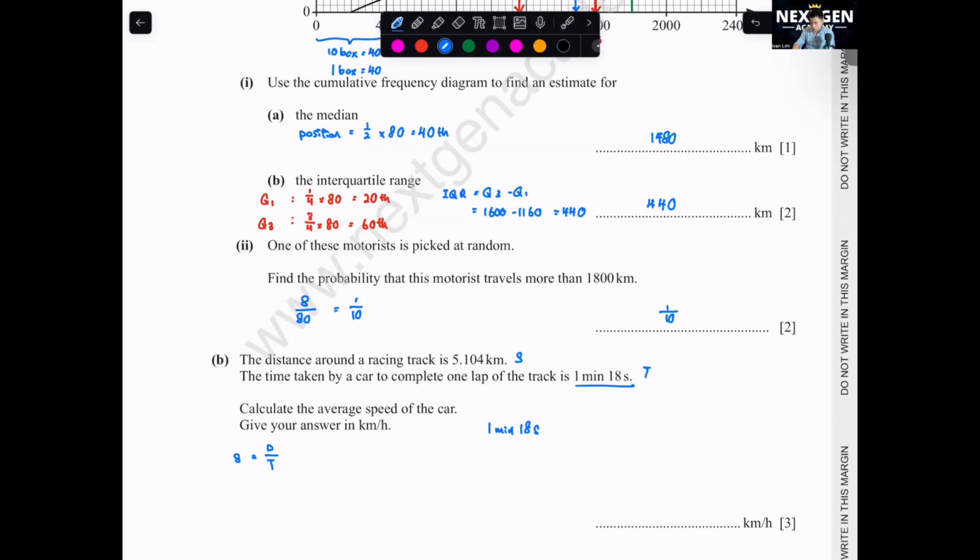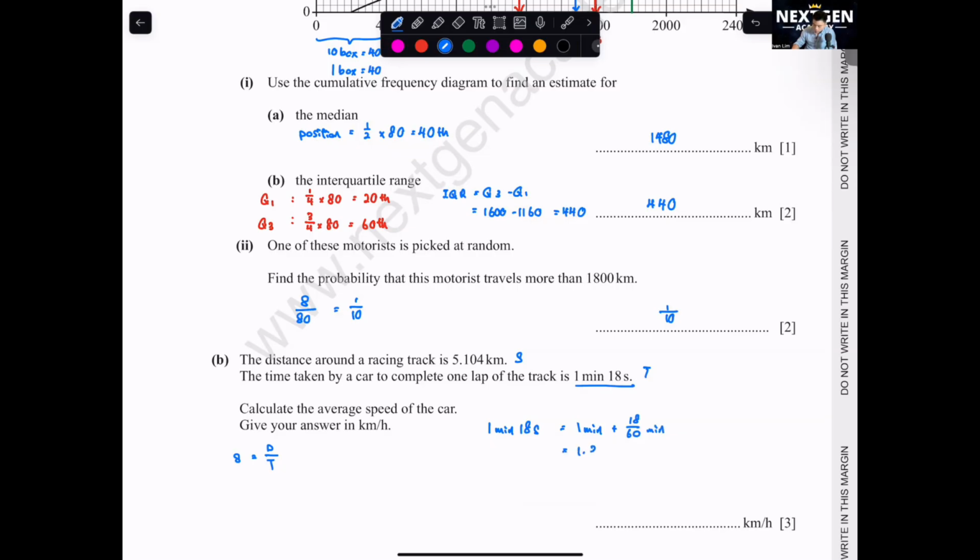Okay, what I'll do is I will change it to seconds first because I think the value will be nicer. 18 divided by 60. Okay, actually change both to minutes also can. So we will take here 1 minute plus 18 divided by 60 minute.